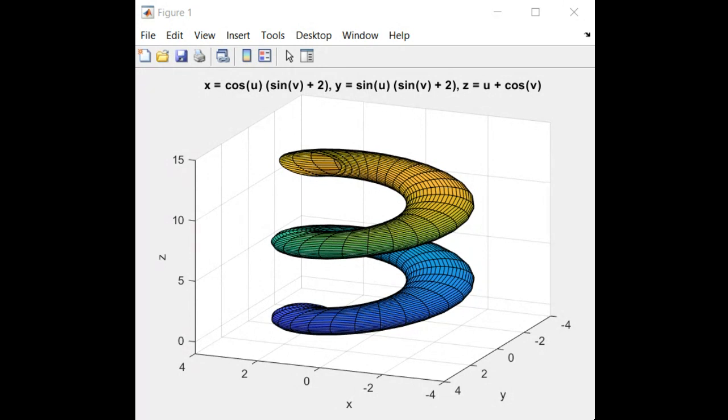Are there any questions? Who did it successfully? Who opened up that MATLAB program and got this parametric surface? I'd like to at least feel like a few of you did. Okay, it worked for Charles. Good.